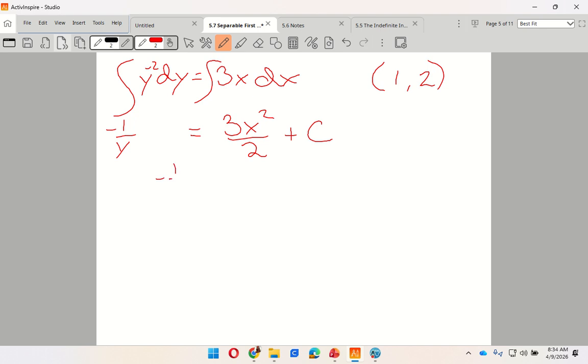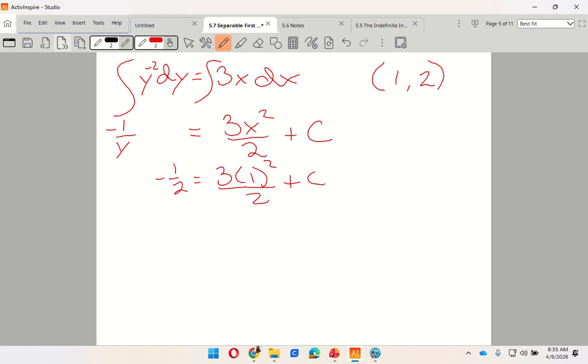So I get negative 1/2 equals... all right, let's see. 1 squared is 1 times 3 is 3 over 2. And that's positive, right?